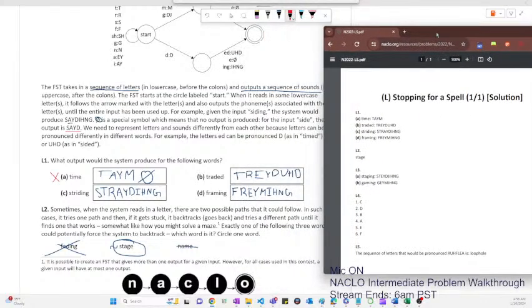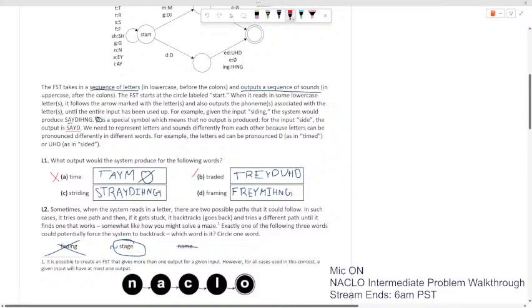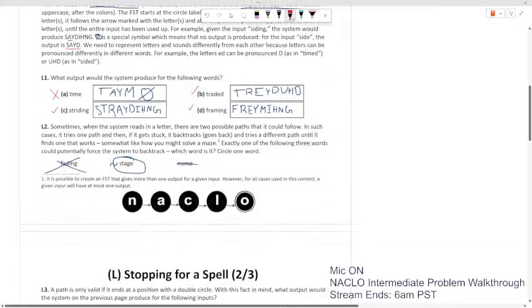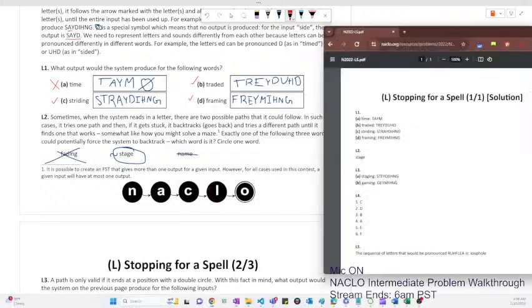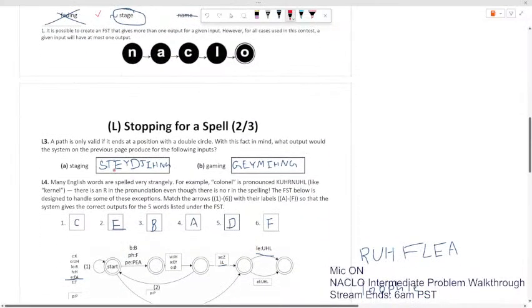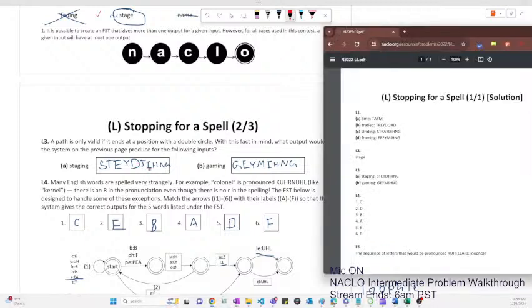Treaded, straighting, framing, striding, not straighting. I'm used to it because I have a different accent in this thing. Stage, yep. Staging, gaming, yep.